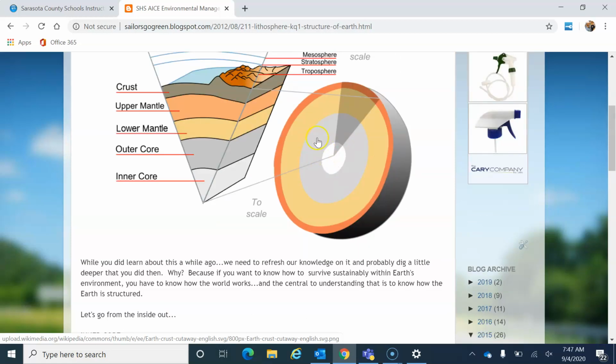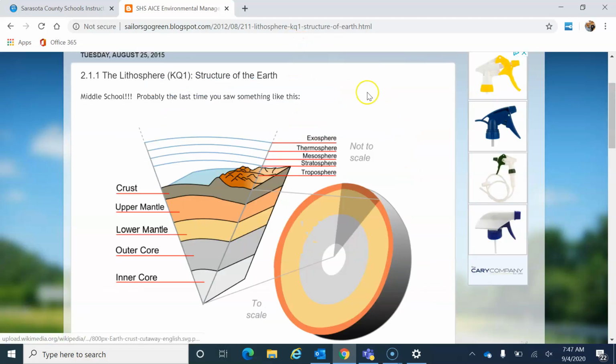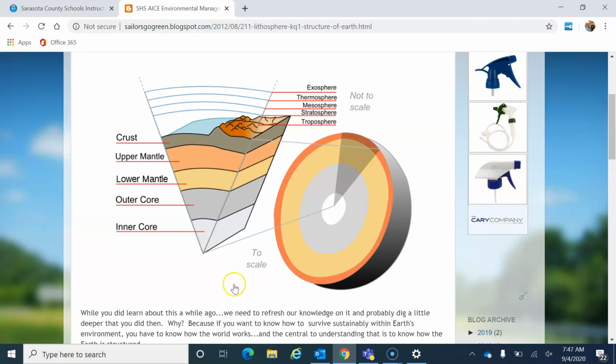The center does not radiate out the heat in all the same direction, nor does the heat hitting the outside of the Earth all come evenly. I mean, the sun sometimes is here. The sun sometimes is here. Every day, the sun is hitting a different part of the Earth. So everything is heated unequally. And it's not just the sun and it's not just the inside of the Earth, but everything is heated unequally.